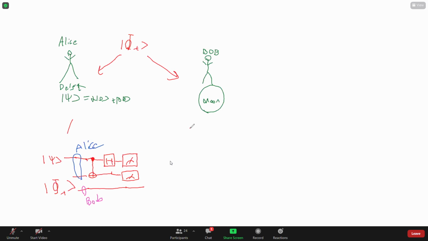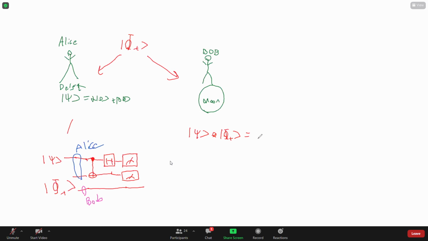So what we really start with is this state psi that Alice has, and you can tensor it with this psi plus here. So now it's a 3-qubit state, but it really works as this product.